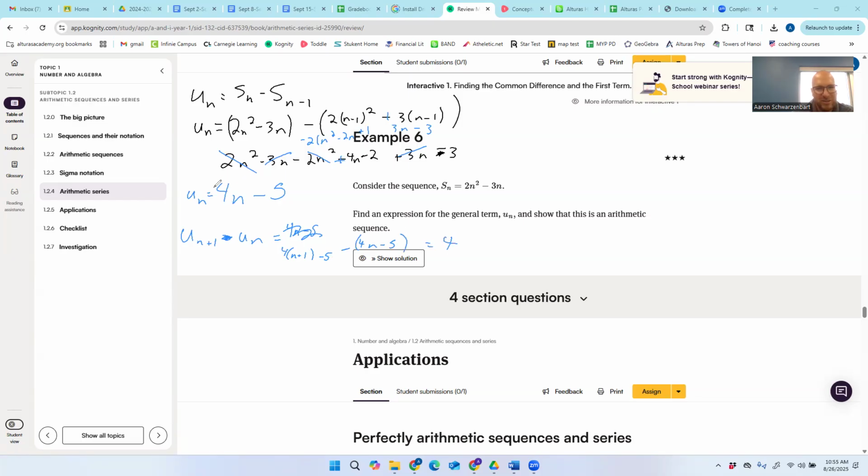You can tell always this is the formula for the general term. It's not in its standard way, but common difference is multiplied by the n, or the n minus 1. So the common difference is 4. My general formula is u sub n equals 4n minus 5. And that is the end of this lesson.